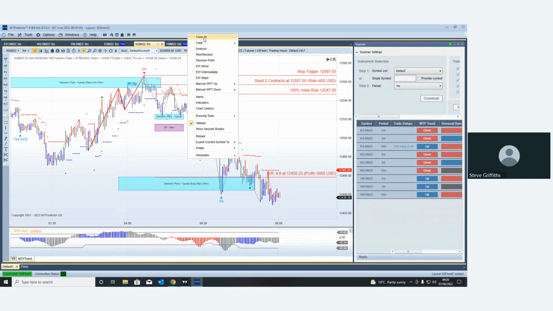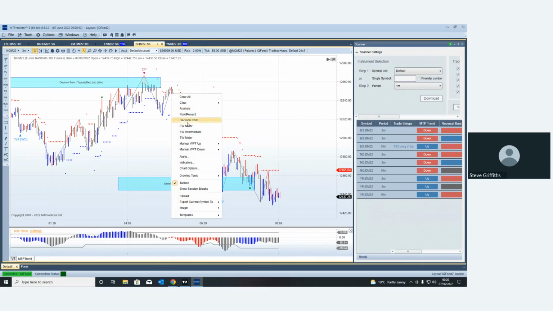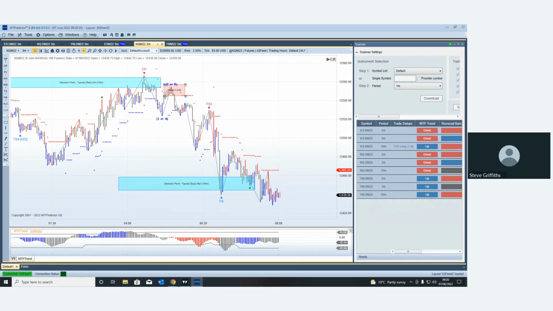Also look to then use the patterns that we understand, not just the ABCs, but the single swing correction, again, to then cover potential manual trade setups, again, for you guys who are more experienced. But you start to see how MT Predictor really is a toolbox.